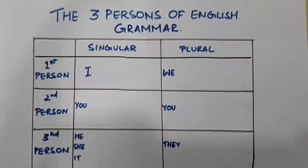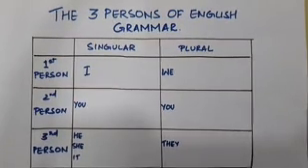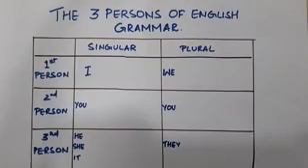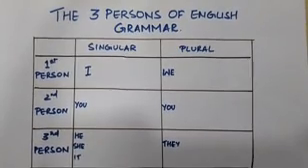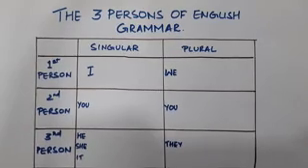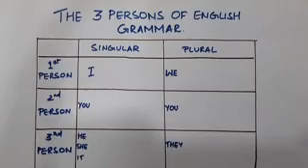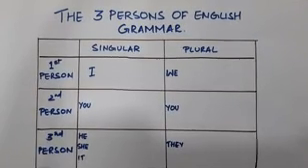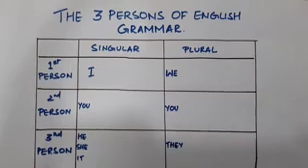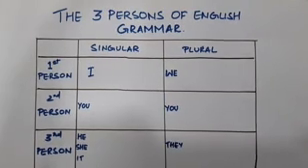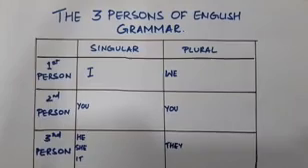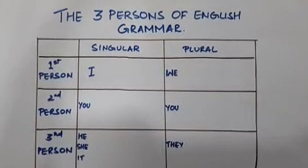The second person is the listener. Therefore, you is considered to be the second person. You can be seen on both the sides, that is the singular and plural. It is because the listener can be one person, the listener can be more than one person too. The third person is about whom the speaker speaks.